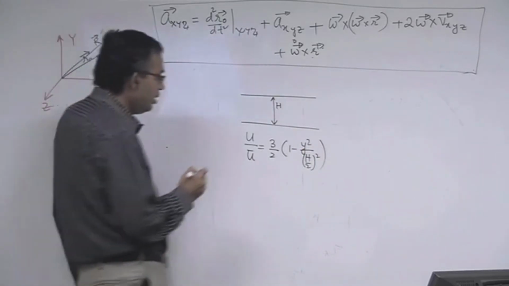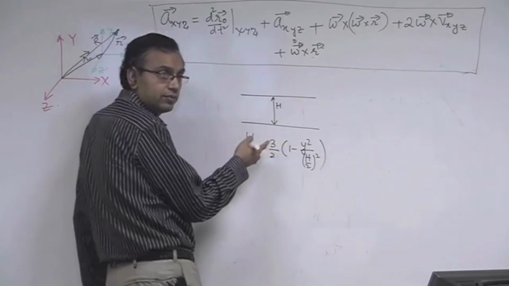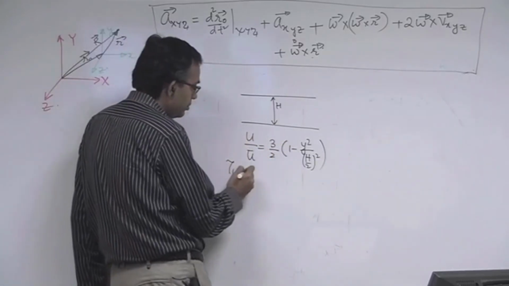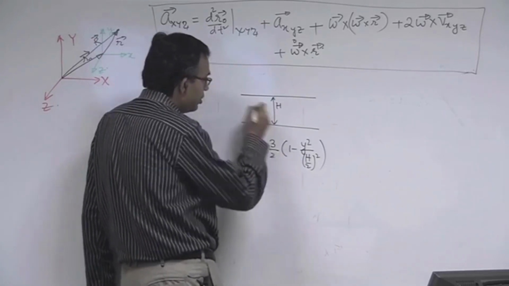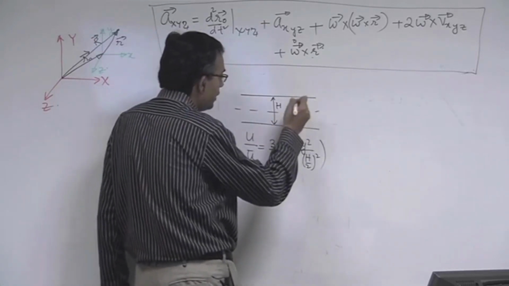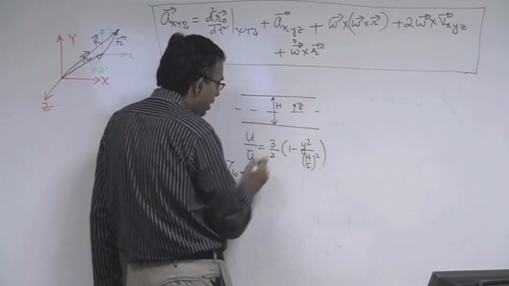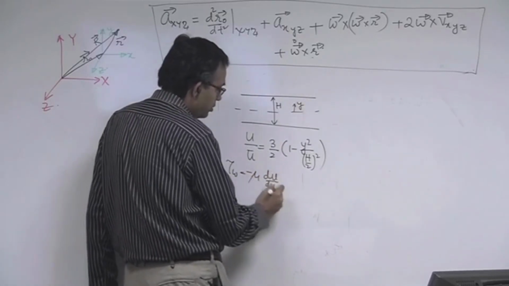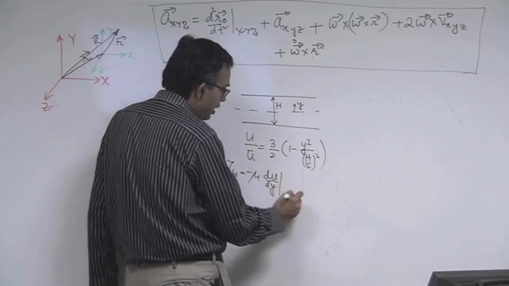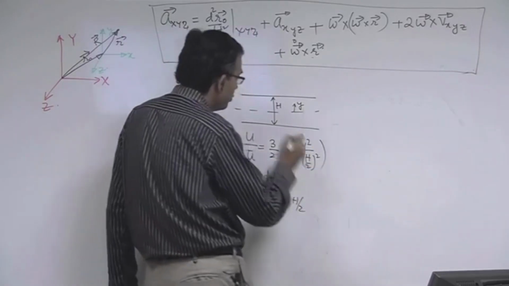What is tau wall? This is fully developed flow. Tau wall, mu, so this is y, tau wall is minus mu du dy at y is equal to h by 2.